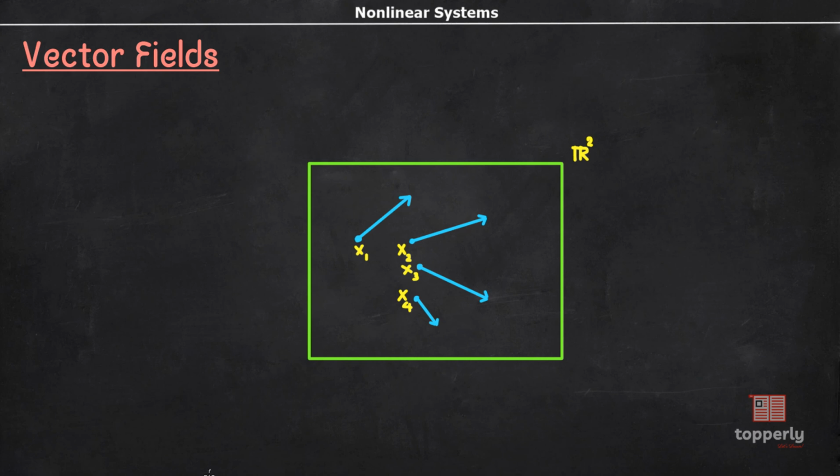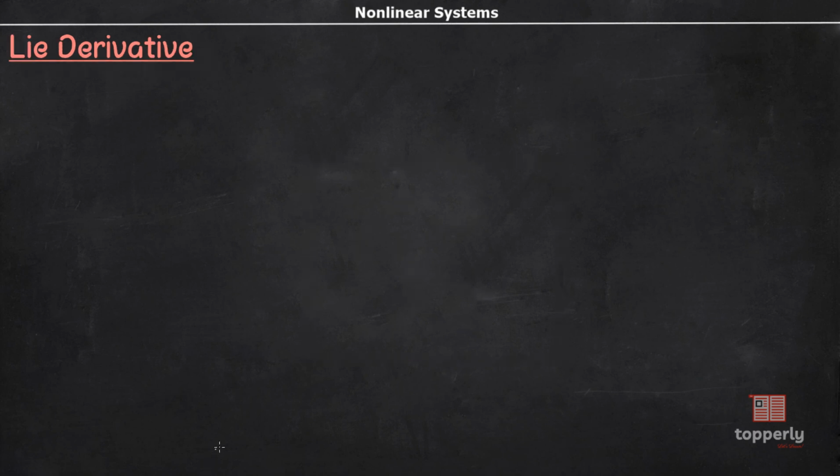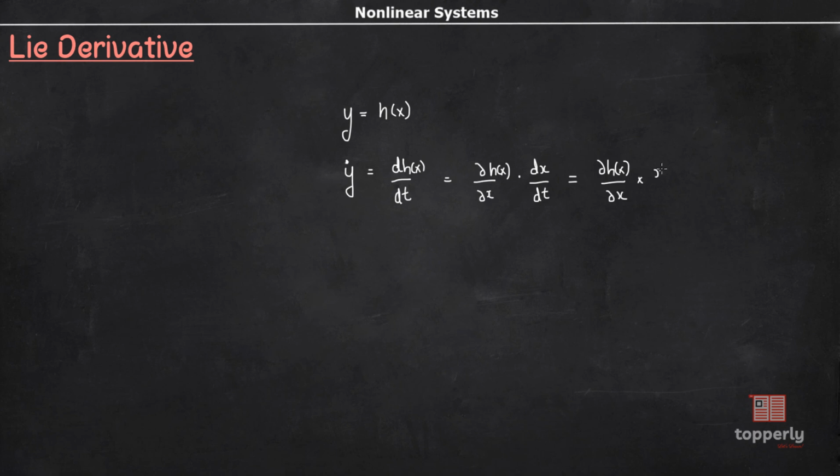Now another term I would like to introduce is Lie derivative. Suppose I am taking the time derivative of the output y equal to h of x. So time derivative will be y dot equal to d by dt of h of x, which will be dou by dou x of h of x into dx by dt, right? And this will be dou h of x by dou x into x dot.